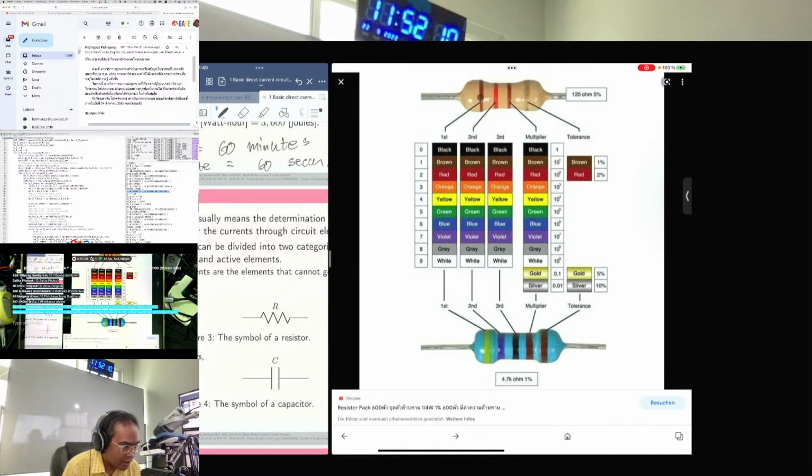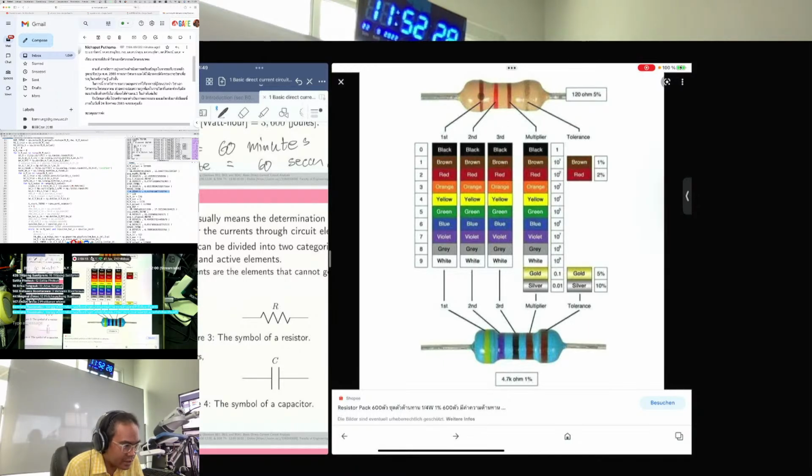Okay, in the 4 bands standard table, we have the first band or the first strip, and there is a second strip and third and fourth strip, fourth band.